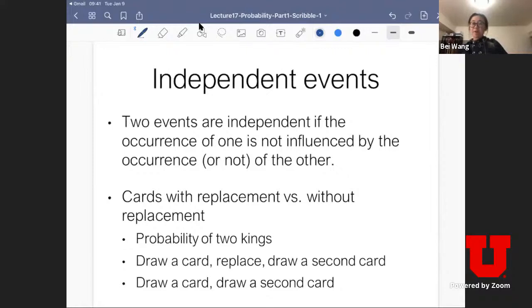If I'm asking you the probability of two kings, there are two ways to draw them. One is I draw one card from the deck, put it back, and draw another card. The second is I draw a card, put it aside, I have 51 cards left, and I draw a second card. The first case is drawing cards with replacement, and the second one is without replacement.